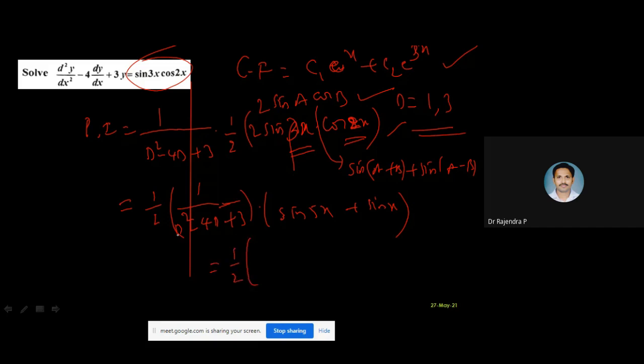I can multiply this whole polynomial inside: 1 by (D square minus 4D plus 3) into sin 5x is one, and 1 by (D square minus 4D plus 3) into sin x is the other one. The 1 by 2 is a constant outside. So for sin 5x, in place of D square I can substitute. I think from this you can do it.